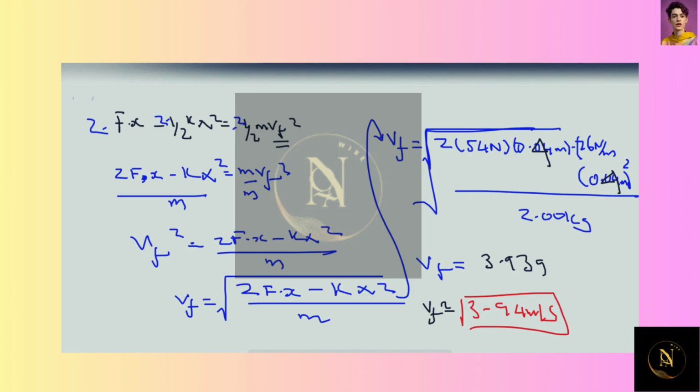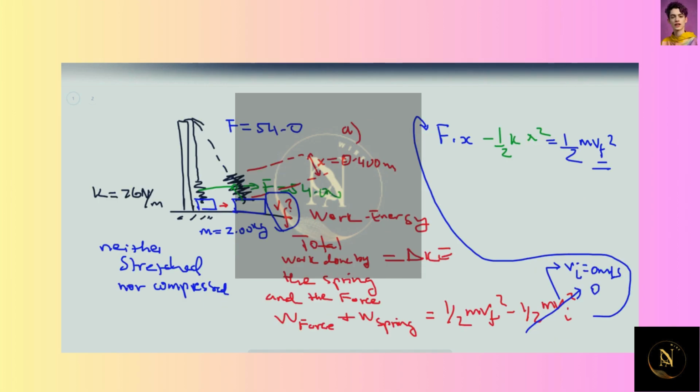So once again, we wanted to find the velocity. We used the work energy theorem. If you go back, there are two components of the work involved. The force that's pushing this way in the positive direction does work, and also the spring is resisting that push, and that's why we have a negative right there.